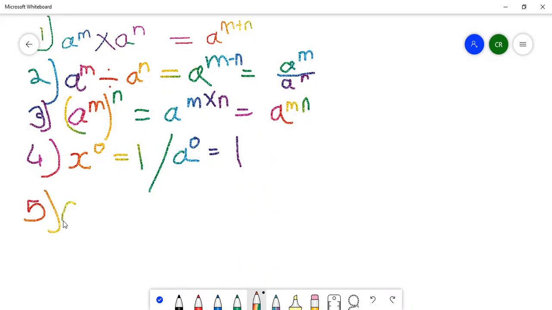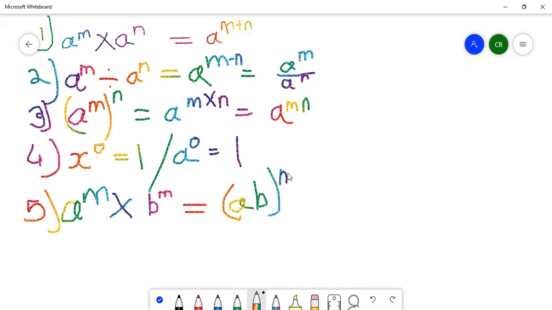So if the equation is a to the power m multiplied by b to the power m, it will be ab to the power m, which is nothing but a into b whole raised to power m.